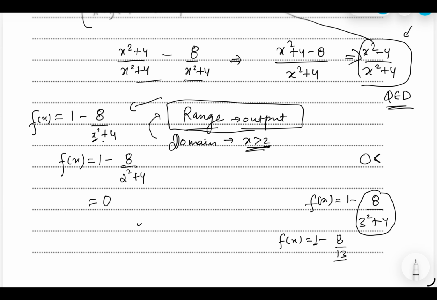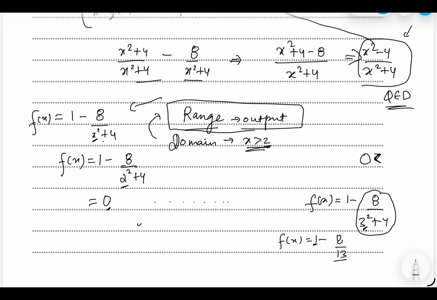See, for 2 you are having answer as 0. As the value of x is increasing, we will have greater answers. Yes or no? So x is greater, the range is greater than 0.